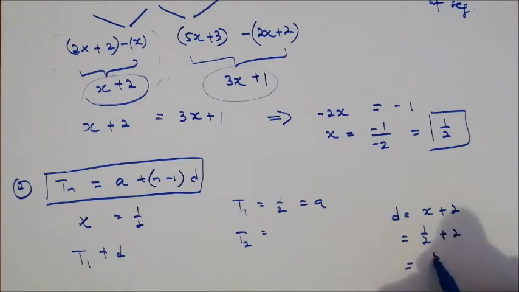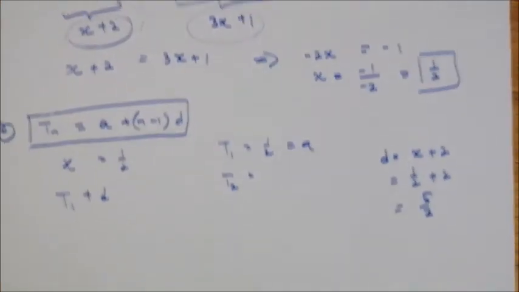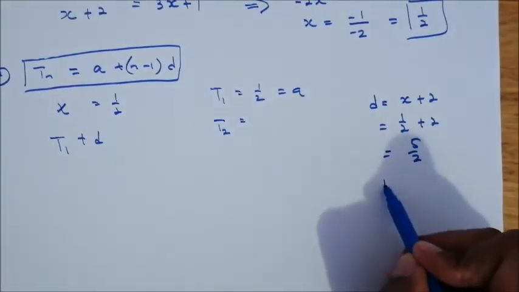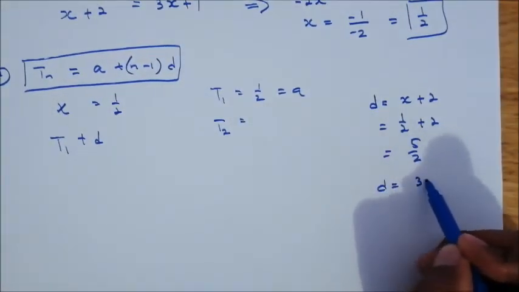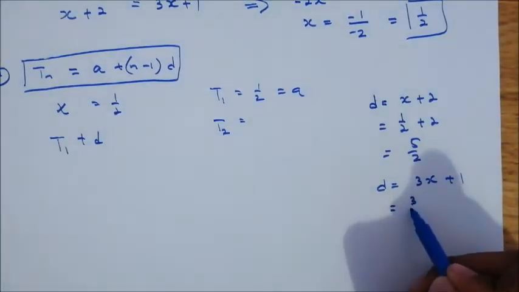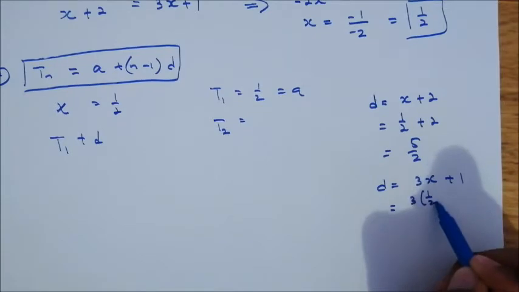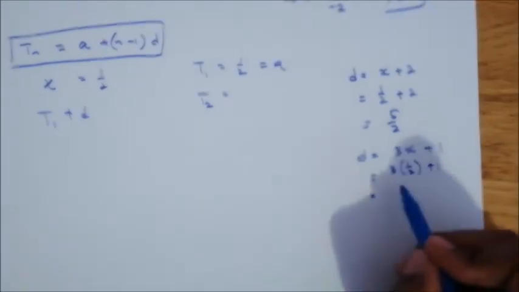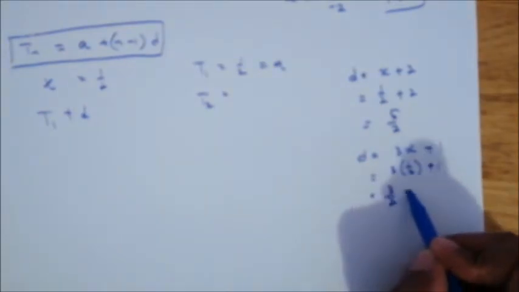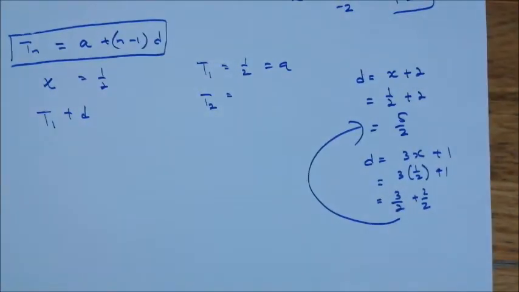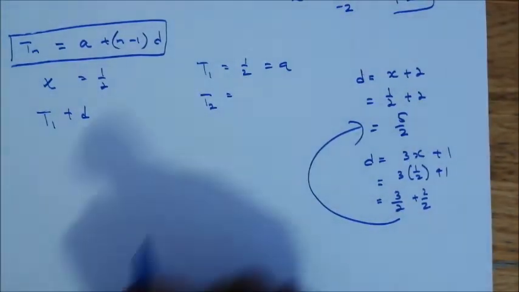And hence d is 5 over 2. Or we can use the second difference there and say d is equal to 3x plus 1. Then we know that x is a half, so 3 times 1 over 2 plus 1, right? This is the same as 3 over 2 plus 2 over 2. Then that is 5 over 2. Do you guys get it? Okay, cool. So d is 5 over 2.